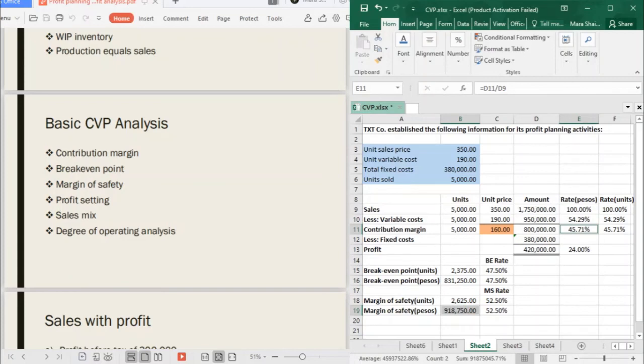If more na siya given and then you are asked for how much is the profit, so maka-arrive ra gihapon ka sa imuhang profit by simply multiplying your margin of safety in peso times your contribution margin rate.